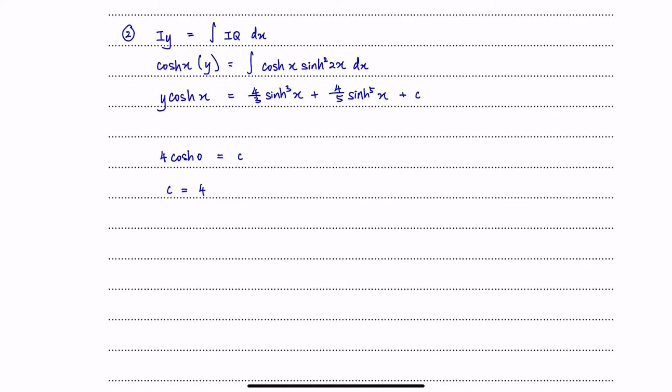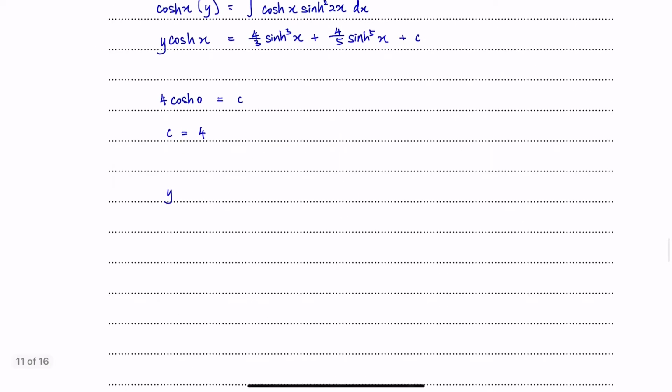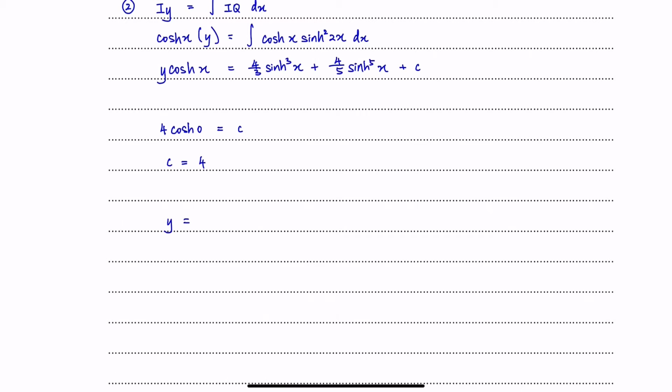So the equation would be, okay, we need to give the answer in the form of y equals f of x. So y would be the subject, so we have to move the cos to this side. So we get 1 over cos x times 4 over 3 sin cube x plus 4 over 5 sin to the power of 5 x plus 4.